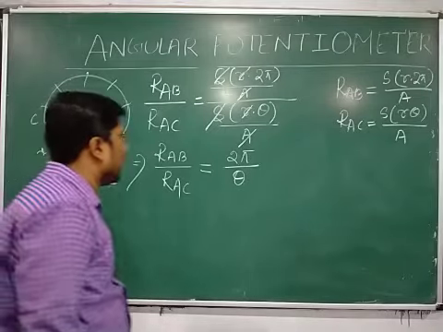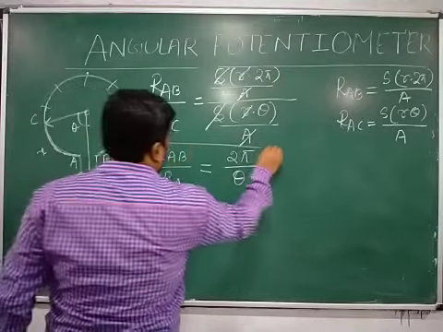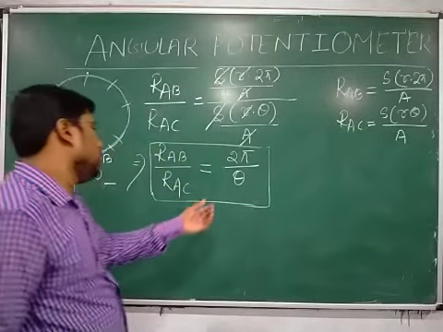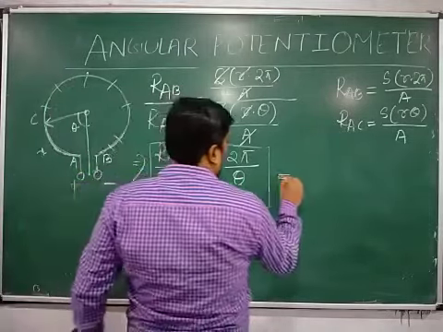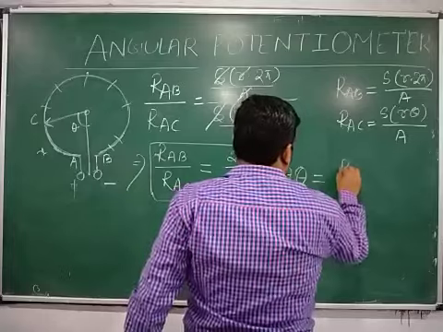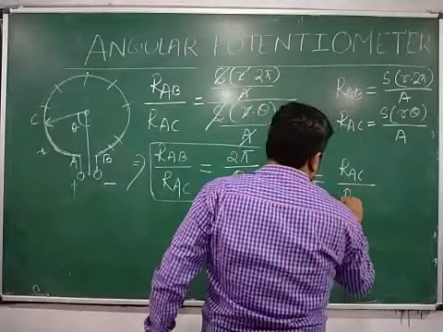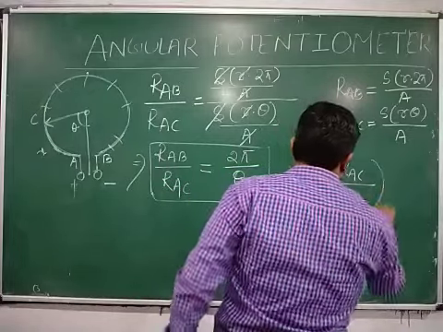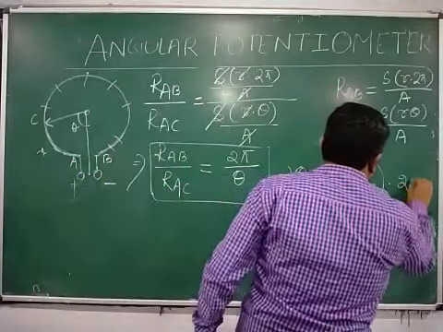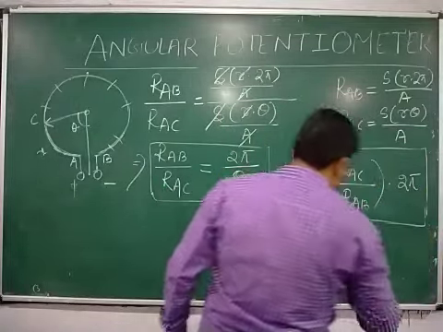It is 2 pi whole divided by theta. So from this equation you are able to find the value of theta. Theta will be written as RAC divided by RAB into 2 pi. So this is the final result for the angular displacement.